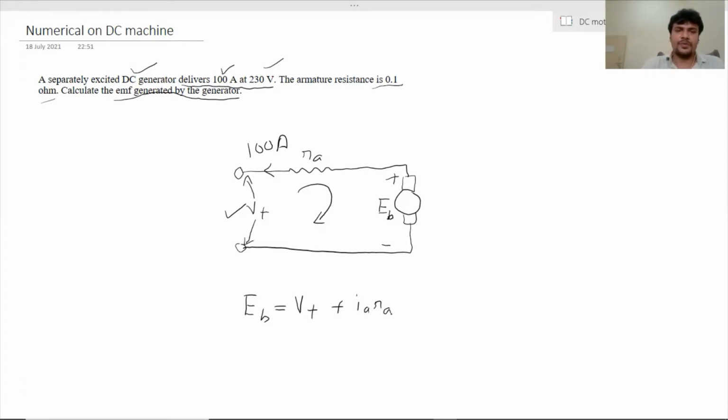Current is flowing in this direction, so you can take the sign convention like this. Now you can apply the KVL and you will get this equation. If you put in the values, VT is 230 volt, current is 100 ampere, resistance is 0.1 ohm, so it will give you 230 plus 10, that is 240 volt.